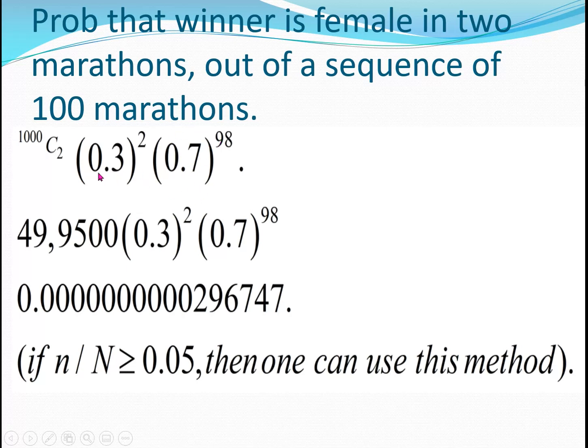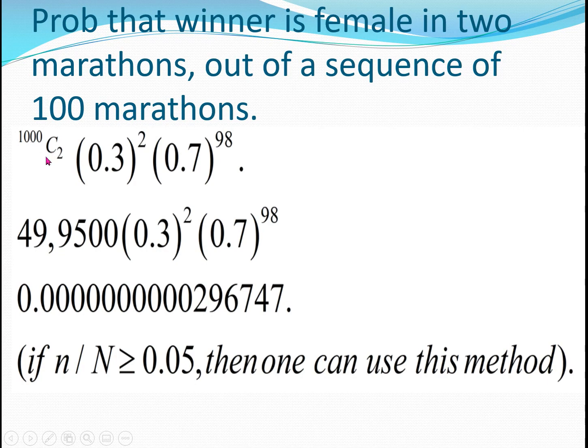So if the probability of a female winning is 0.3, then it's understood that the probability of a male winning is 0.7. As I said, there are only 2 categories, both in binomial distribution as well as in hypergeometric distribution. So the rest of the things are just combination.